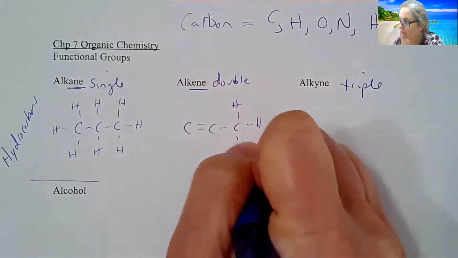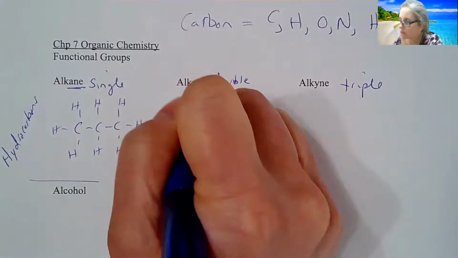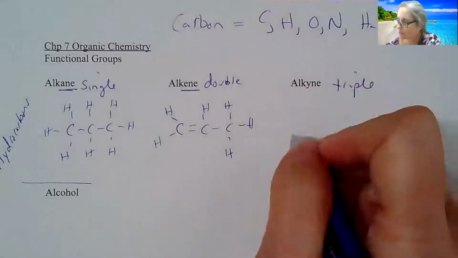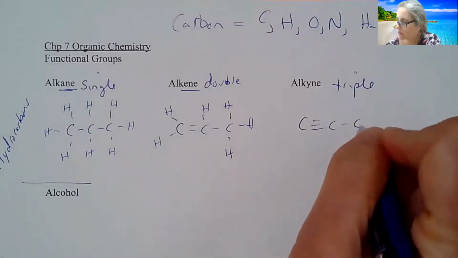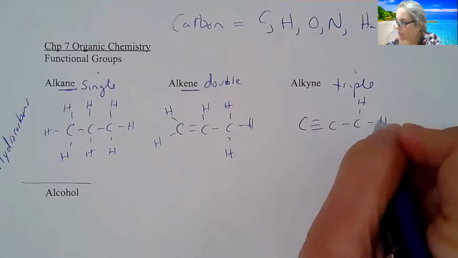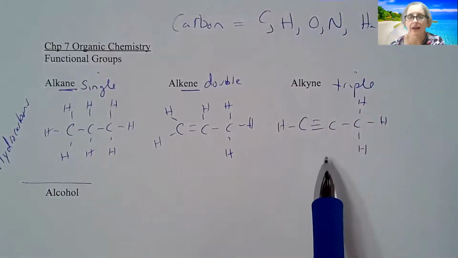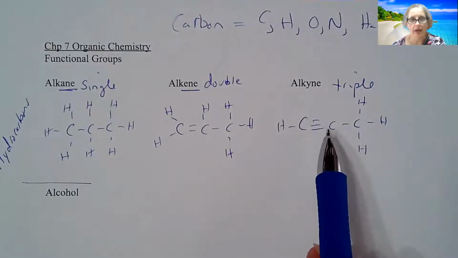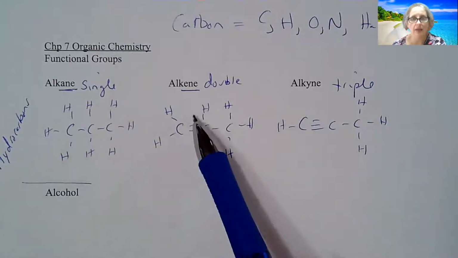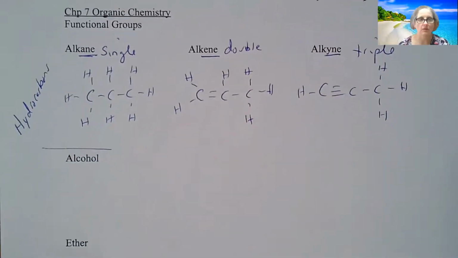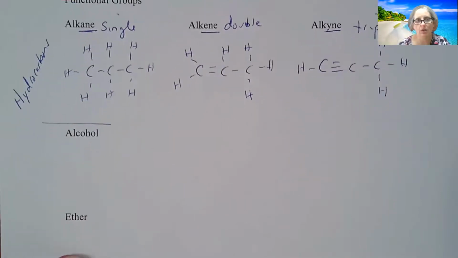What happens is you have fewer hydrogens in those molecules because you have the double bond somewhere in that structure. And then a triple bond. Again, a triple bond could be anywhere, but please note that it limits a lot how many hydrogens you could have. So if you have single bonds, it's alkane, alkene, and then YNE is an ending we're going to see when we start to name these molecules. Those are what we call the basic hydrocarbons.